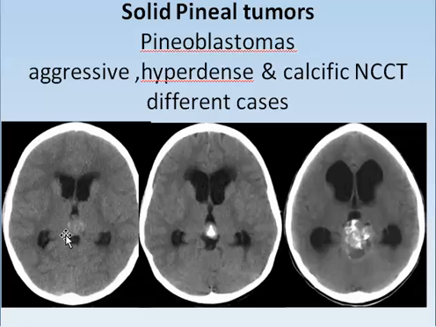So it may be faintly calcified, densely calcified, or heterogeneously calcified. And this is pineoblastoma.